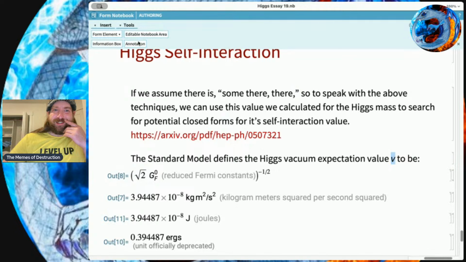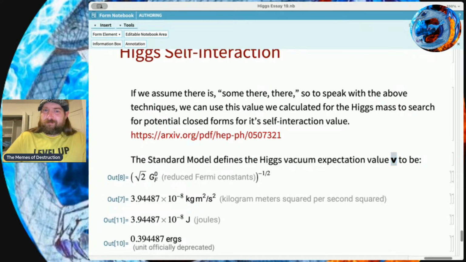That doesn't look Italian. All right. The paper.